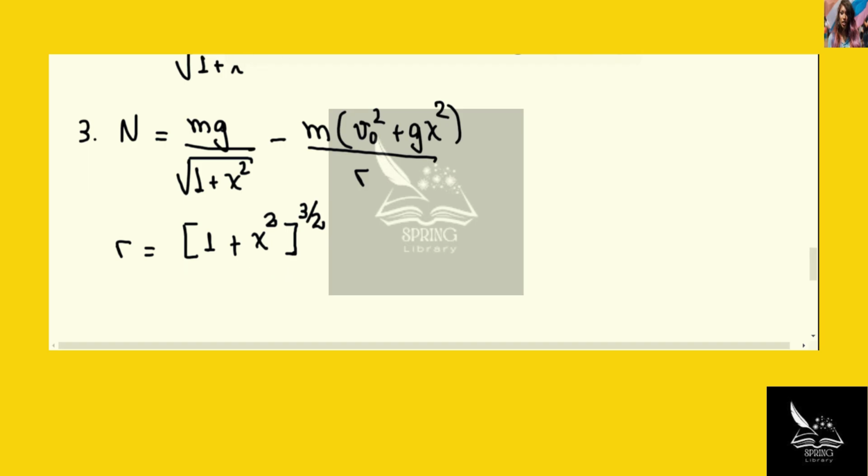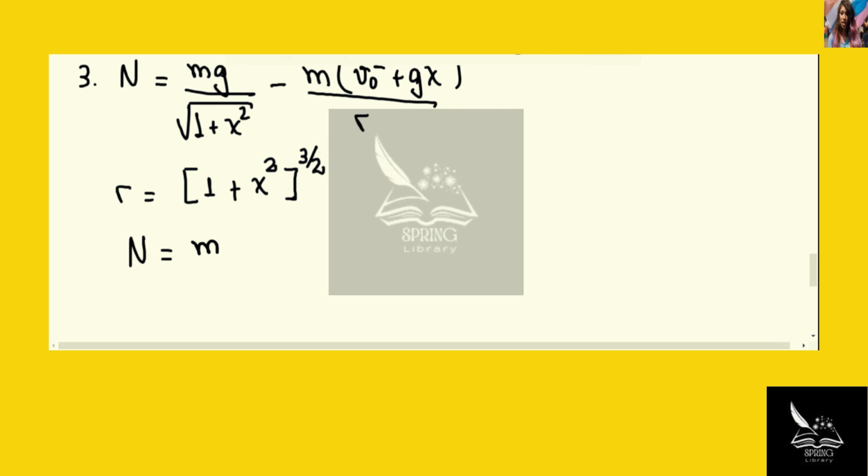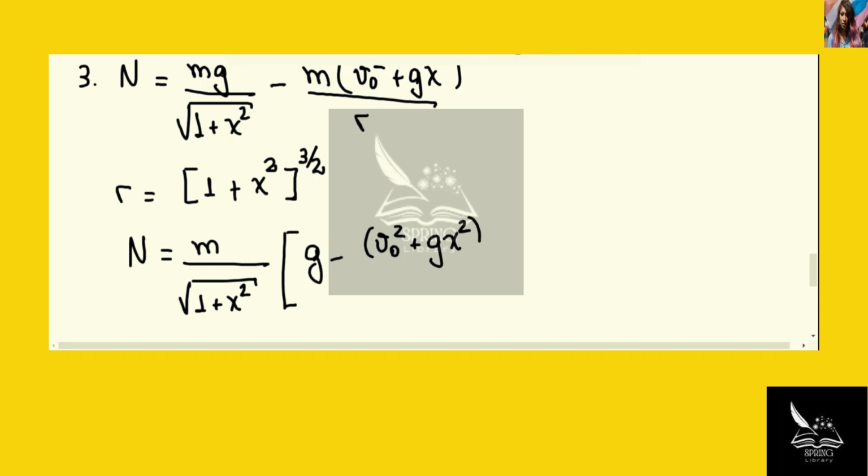So R is 1 plus x squared to the 3/2, which means that N is equal to m divided by the square root of 1 plus x squared times (g minus (v0 squared plus gx squared) divided by 1 plus x squared). Okay, and this concludes our exercise.